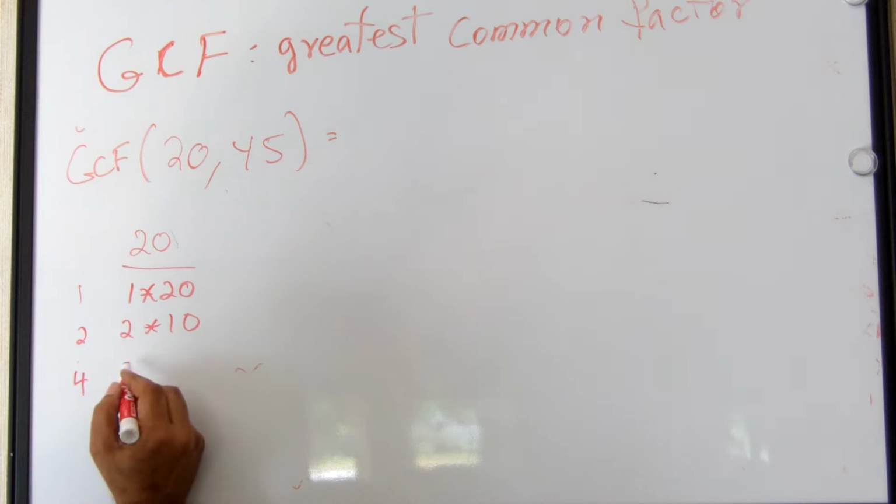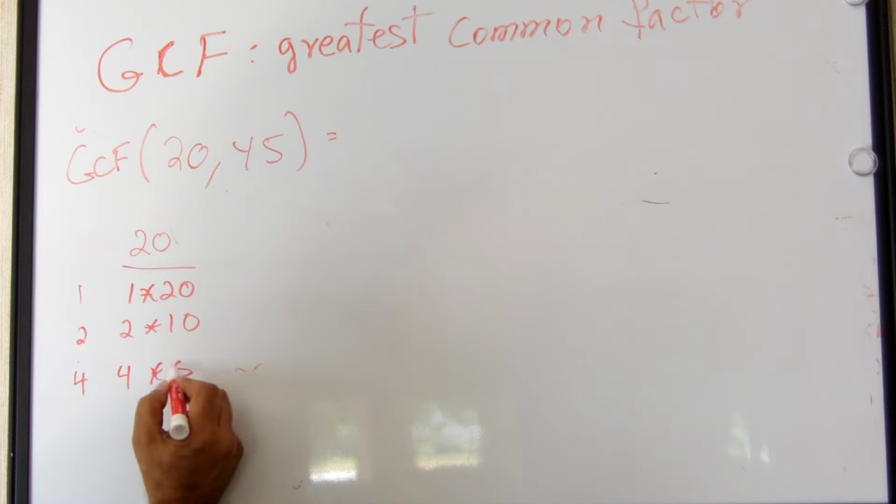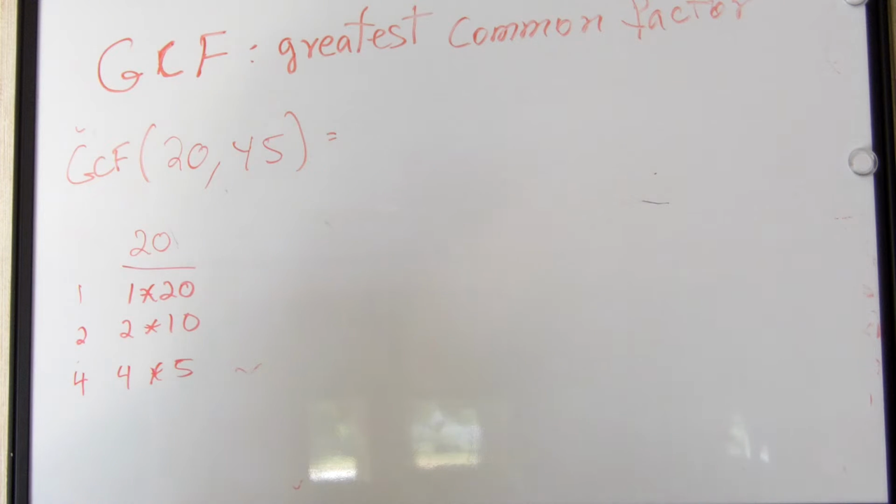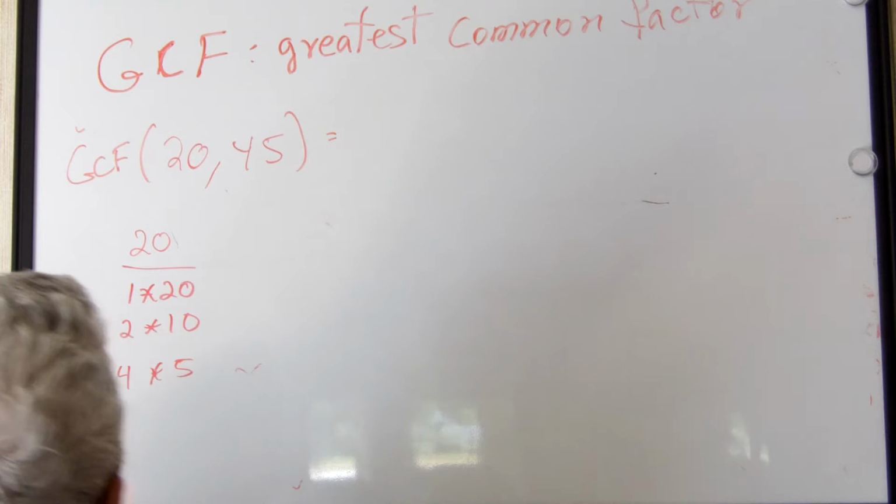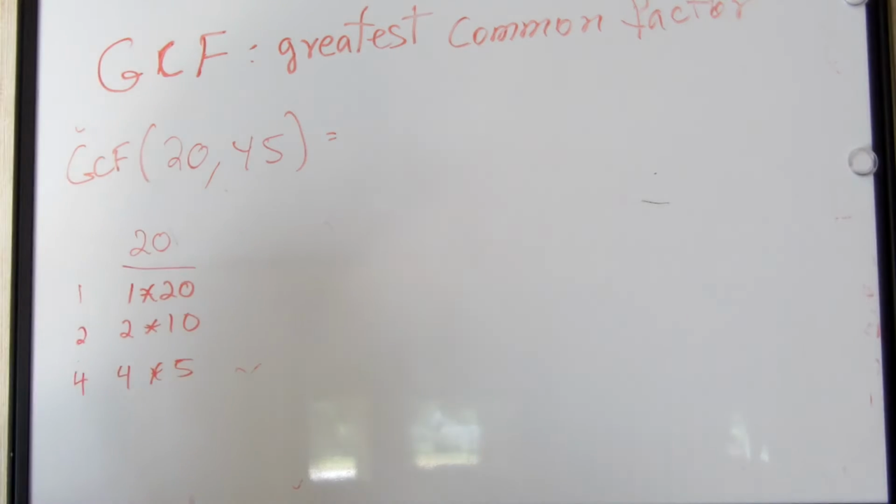And 4, yeah, we can do that. 20 divided by 4 is going to be 5. Then 6, 7, 8, 9, 10. We already did 10, and then 20. 20 we already did. So, how about 45?